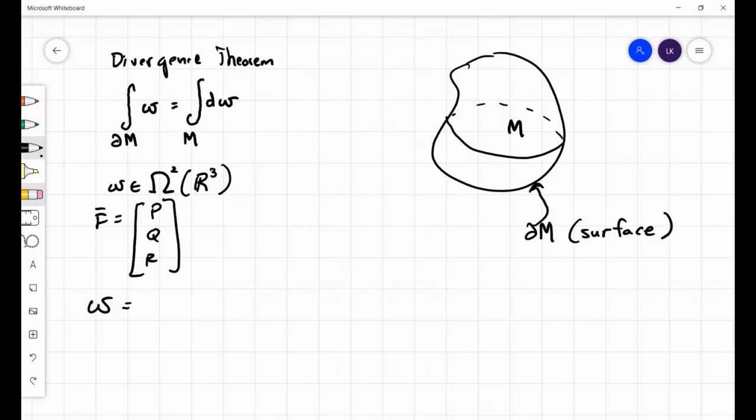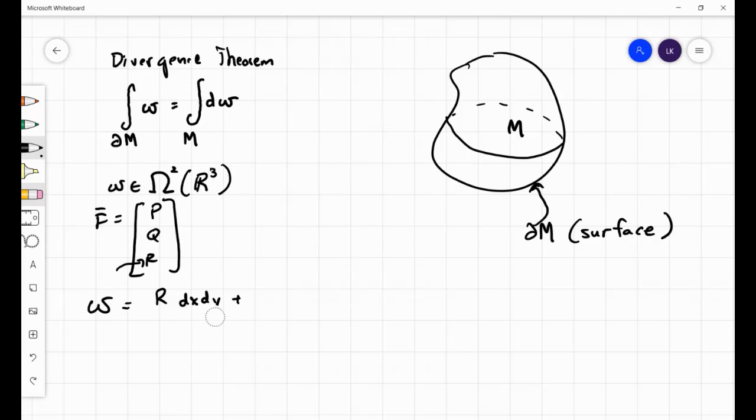So dx dy would get multiplied by R. It's kind of weird. It's the one component, the z component, because that's the one that's perpendicular to dx dy, geometrically speaking.